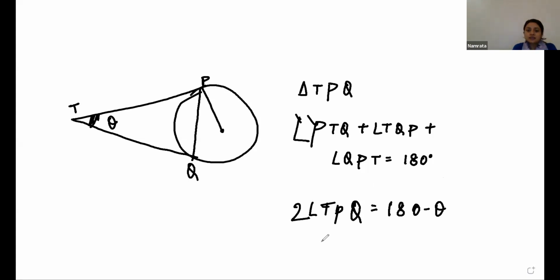Here we can say angle TPQ is equal to (180 minus theta) over 2. Can we say like that?